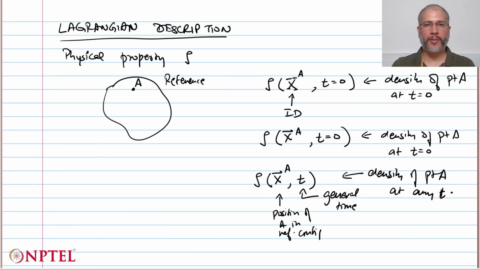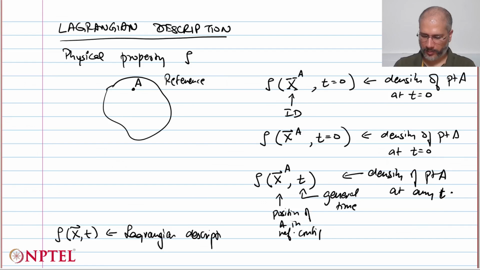And this description of quantities is called the Lagrangian description of the quantity. So in general, density rho as a function of capital X and t is the Lagrangian description of density.